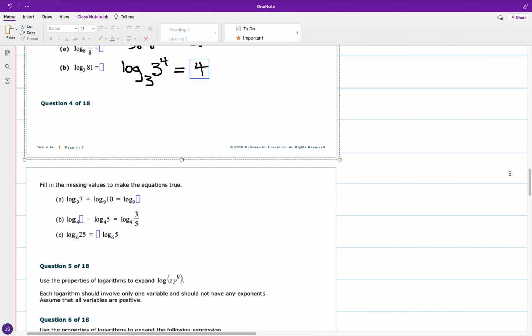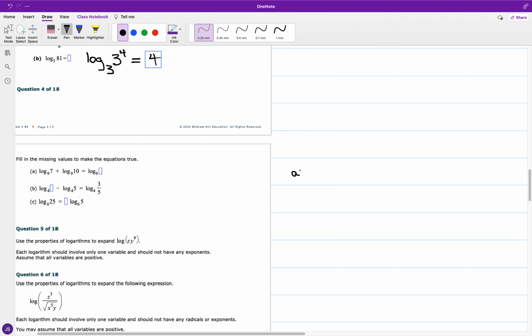I'll work to the side here. We're looking at sums and differences of logarithms in this set of exercises.